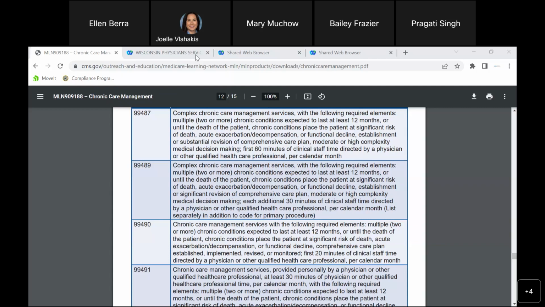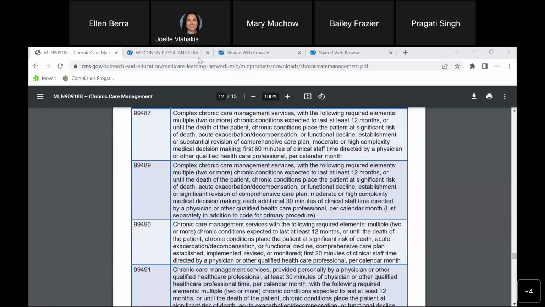Right, and Ellen, I did move out to the AAPC's website, and I placed the link to the blog question in the chat, but I'd like to read that clinical staff member definition since you don't have access to that right now because you're sharing. It says, a clinical staff member is a person who works under the supervision of a physician or other qualified health care professional and who is allowed by law, regulation, and facility policy to perform or assist in the performance of a specified professional service, but who does not individually report that professional service.